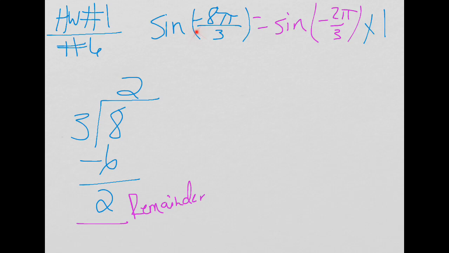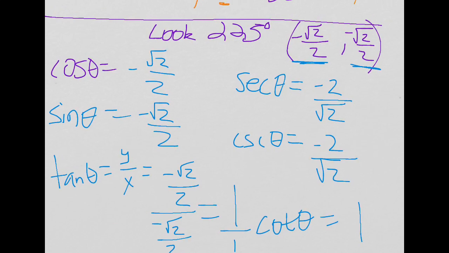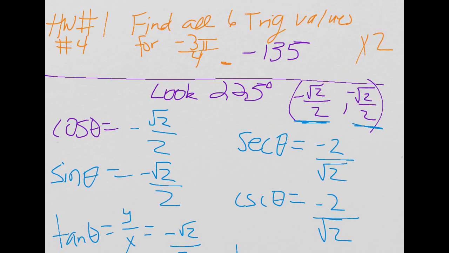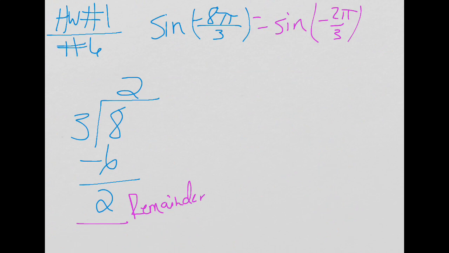From this original problem, the only thing that changed was the 8 changed to a 2. So whatever problem you have, this number here is going to change to whatever the remainder is, every time. Now it's just like this problem over here, except we've only got to find the sine. We don't have to do all 6 of them.